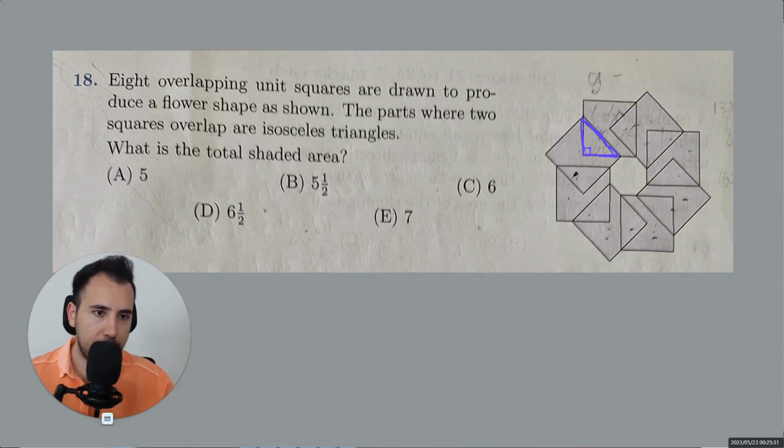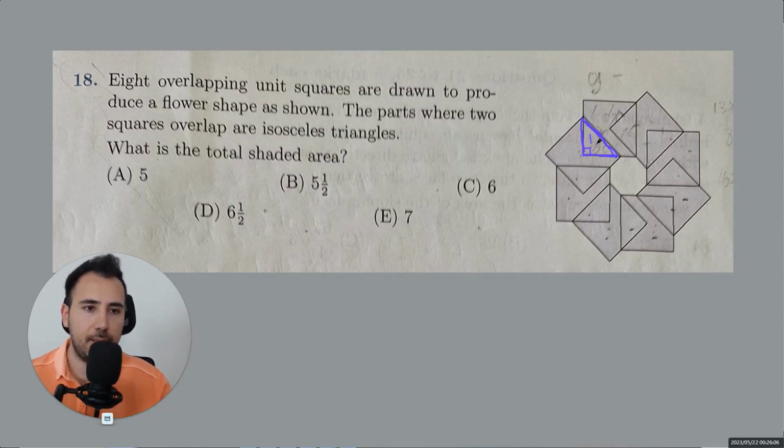This is 90 degrees. You see, the trick, I think, is, if we continue this part, it'll be half of the square. All of this is 1 square. So this is half of the square. And one of these triangles is going to be half of half, which is going to be 1/4.